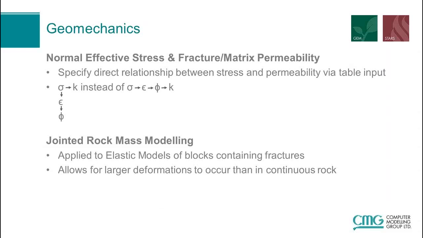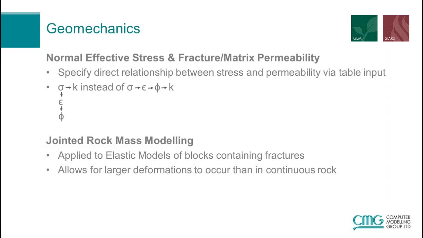Another new feature is the jointed rock mass modeling. Now this is for allowing for larger deformations in blocks that contain mini fractures, meaning that they're non-continuous. They have joints or discrete joints in the rock itself.